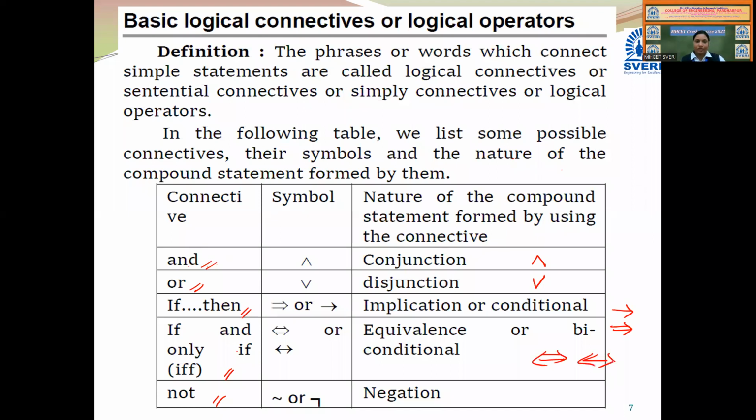Negation is generally denoted by this, or this is also okay. Both are notations. And is conjunction, or is disjunction. The straight arrow is implication, or conditional statement, where if then is used. Equivalence: both statements depend on each other, so the statements are called equivalent, if and only if.